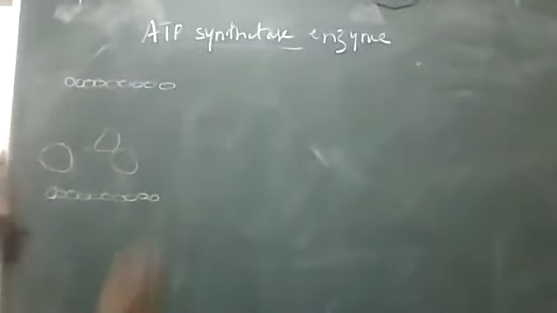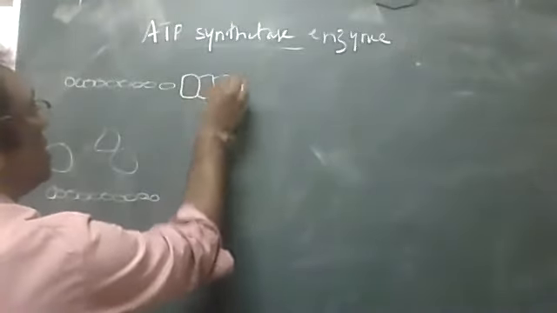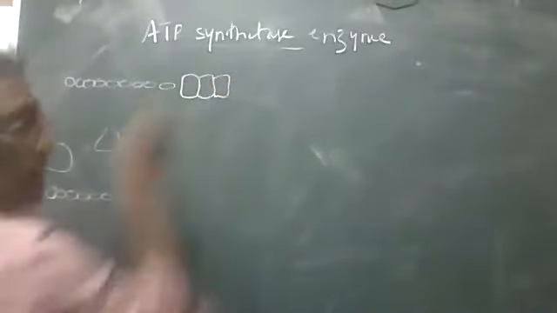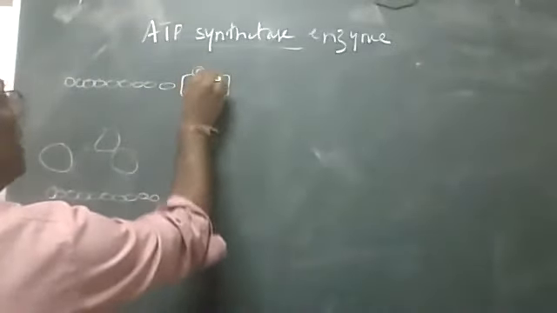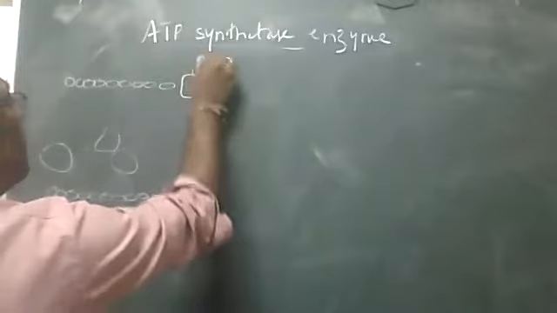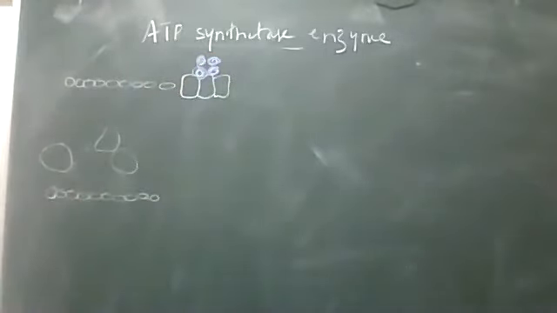We know that. And here are the different types of rings. One is the C ring, correct? Above that is the A1 protein, correct? Then comes the stop also.